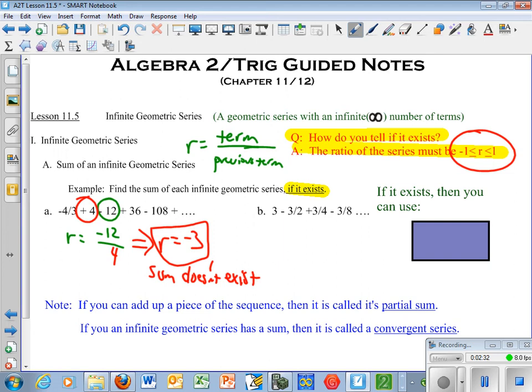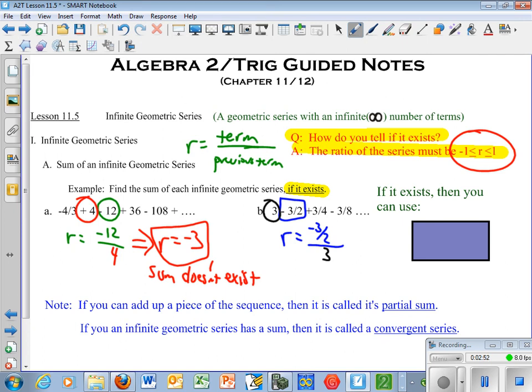If you go to the next one, we're going to do a similar thing. We're going to find r. I am going to take this term, -3/2, which is my second term, and divide it by the term in front of it, which is 3.